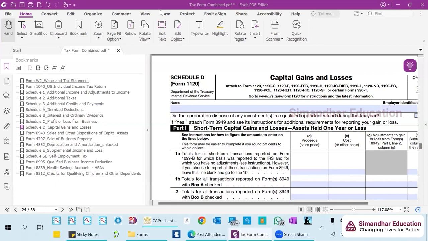You attach 4562 only if you have depreciation, but whether you have income or adjustments or not, you have to file your schedule along with your return. So it's like an attachment to the main form.